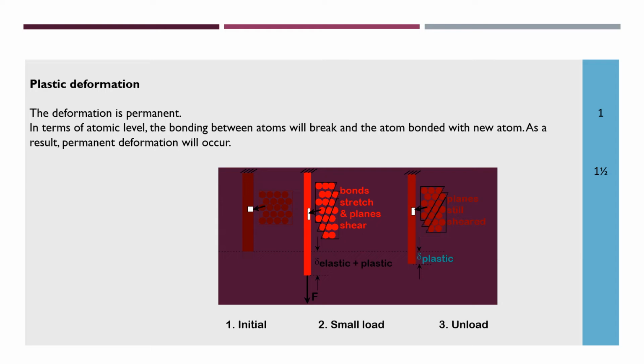But for the part in the middle, the bonding will stretch and cause plane shearing. After the stress is unloaded, the plane is still sheared and it will not return to the original position.